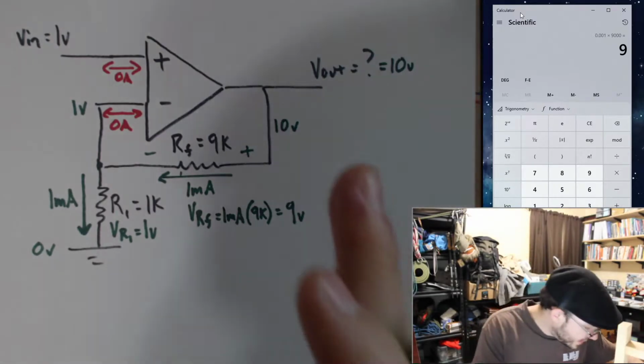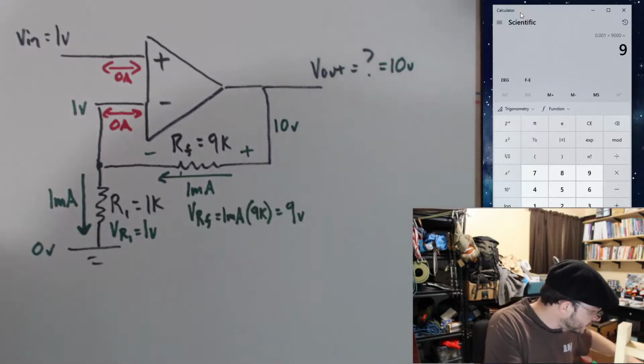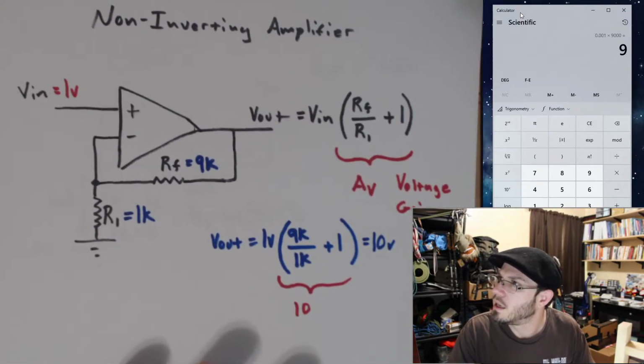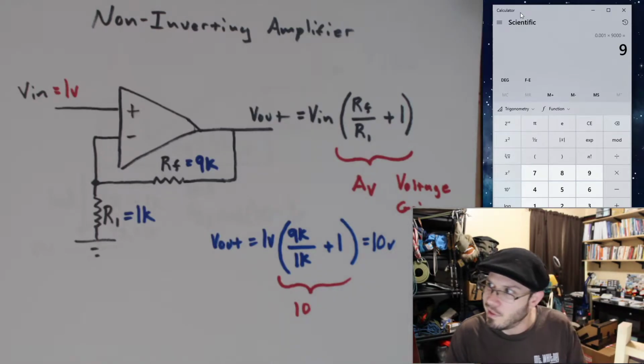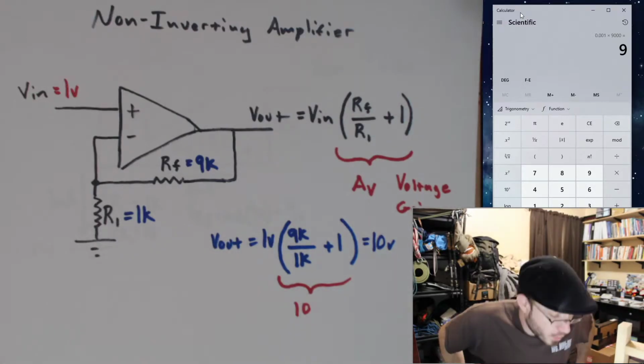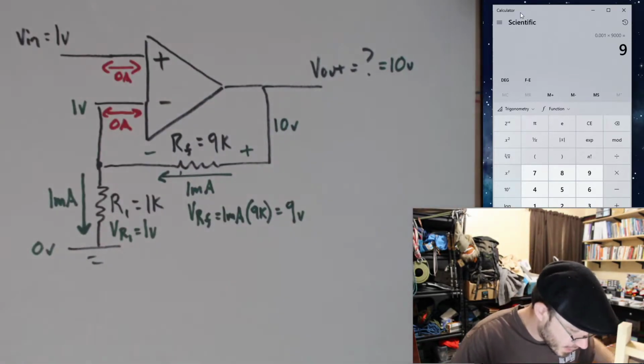Okay, so I got the same exact answer as if I was using my equation, except I got there using only my basic rules and my knowledge of op-amps, which were just those 2 rules. And I get this same answer, okay?